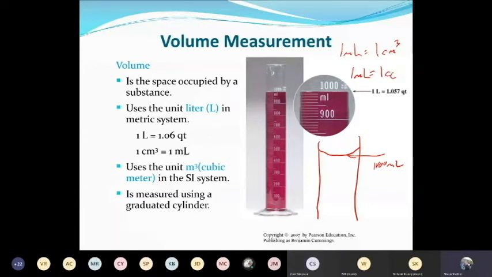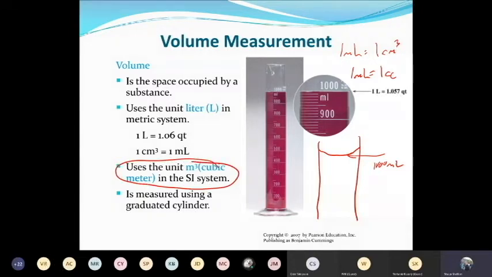If they tell you to go get 1,000 cc's, they're saying they're getting 1,000 milliliters. So cc is the same thing as centimeter cubed, and that's where cc comes from. So cc's are milliliters, basically. So just FYI.